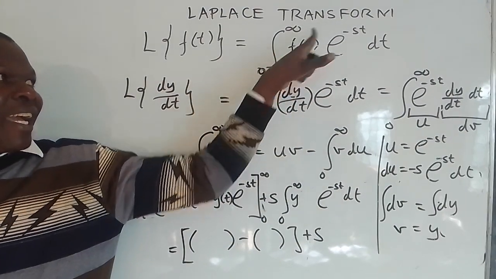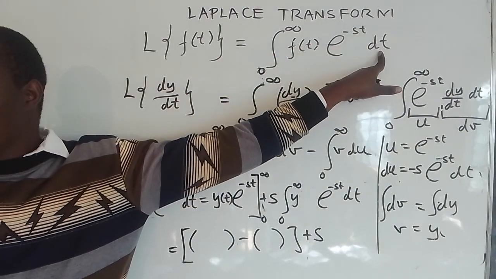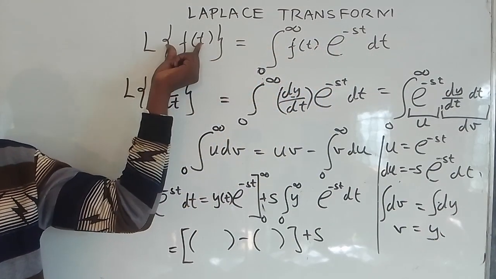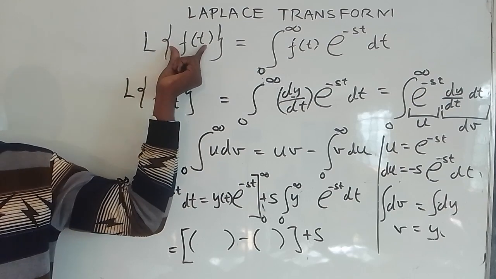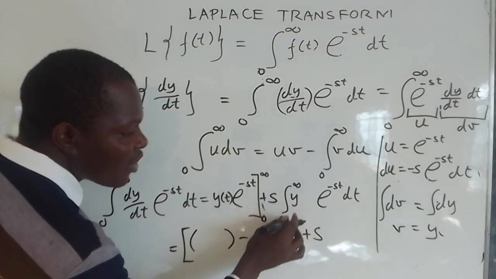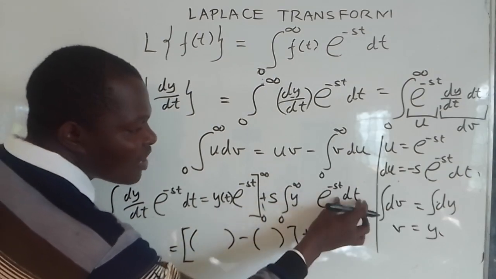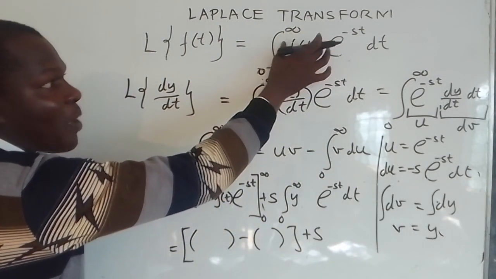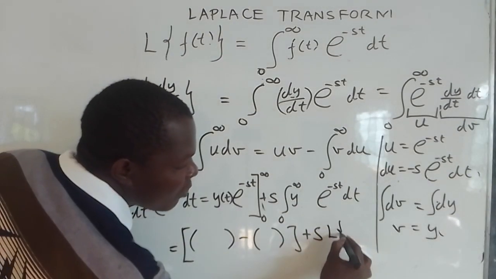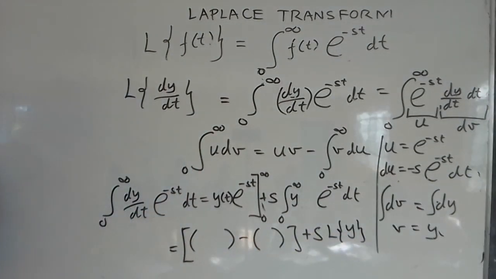See, that is y exponential negative st dt, meaning y is the function of t, isn't it? So where there is f of t, you put y. You get the Laplace transform of y, meaning the whole of this integral from 0 to infinity of y exponential negative st dt is the definition, where there is f of t, there is y, isn't it? So that is the Laplace transform of y, isn't it?